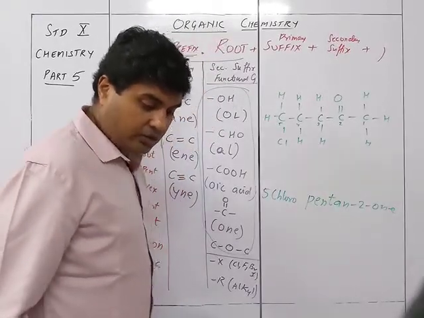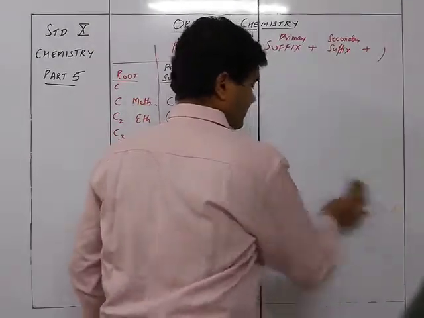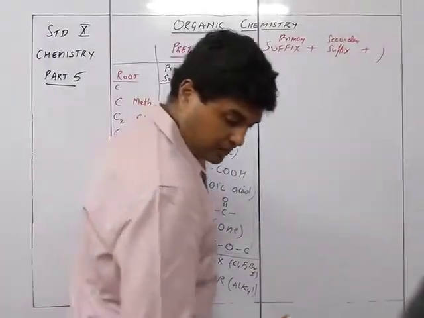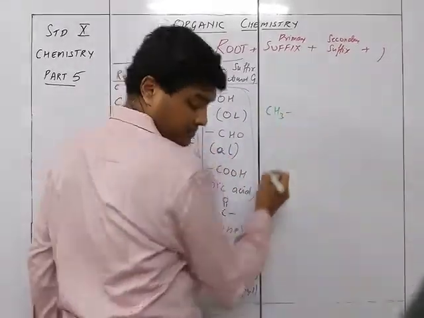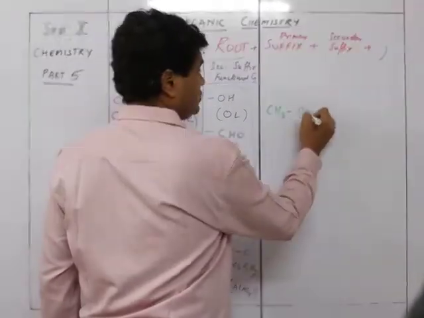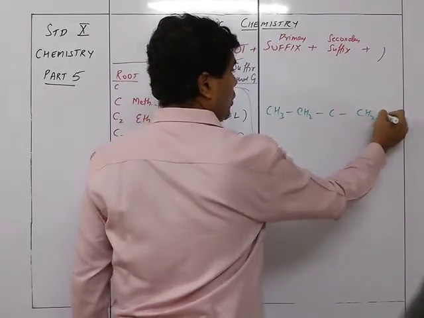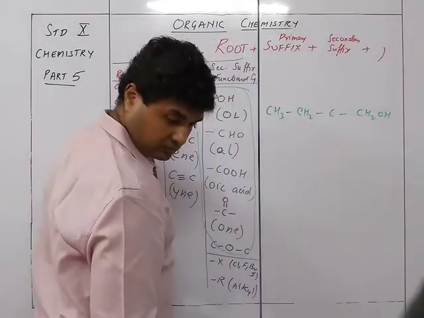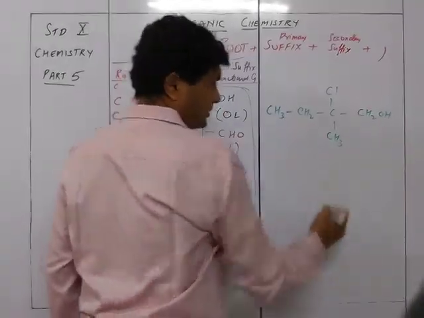We now move on, it was 12, now we move on to the 13th. So that is now going to be CH3, CH2, C, CH2OH, Cl and CH3.